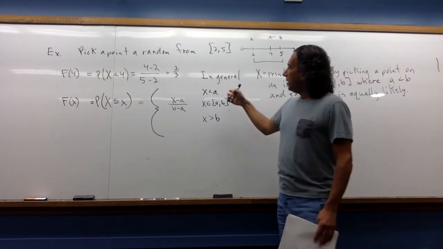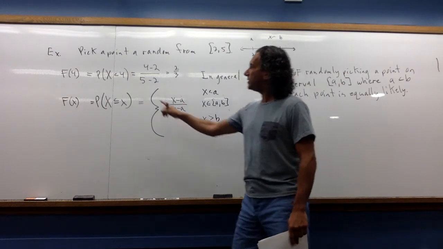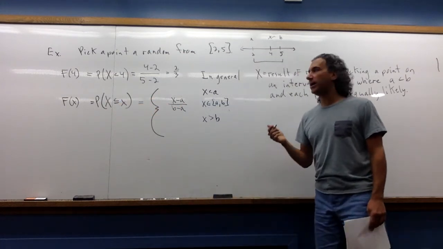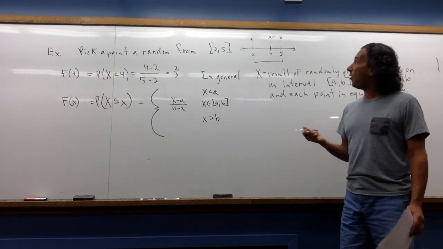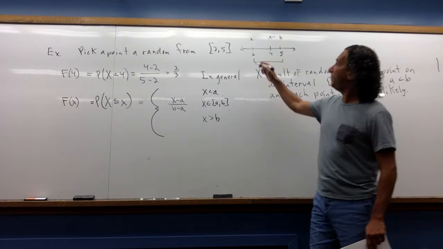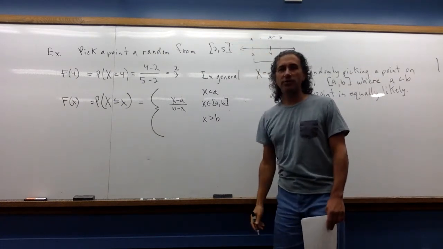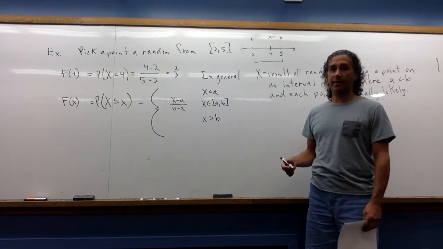Well, what if x is less than A? If x is less than A, what's the probability that x is less than or equal to some number less than a? Hopefully you said, well, that's 0, because nobody's home over here. We're picking a number between 2 and 5, so what's the probability that x is less than or equal to 1?